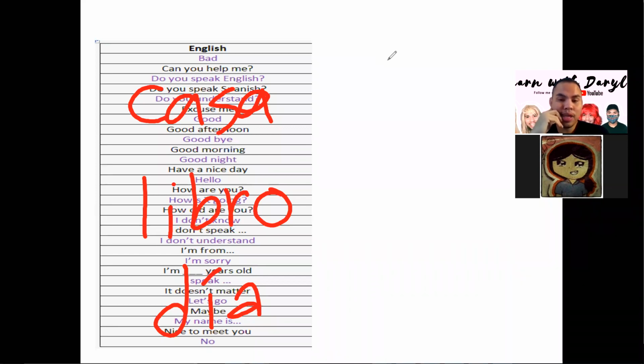O, male. Okay. In this case, casa, what article can we use to mean "the house"? La casa. How about if I say "a house"? Una casa, muy bien. Very good. Okay. Can someone give me the article for libro?